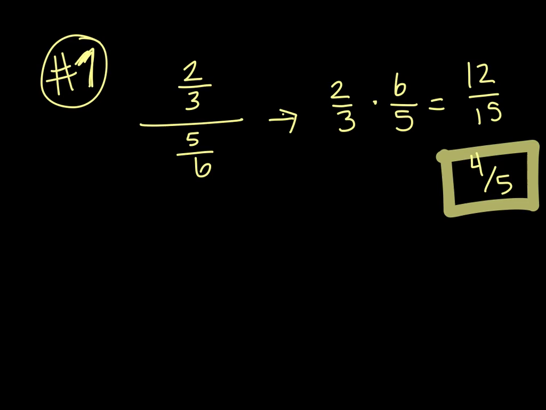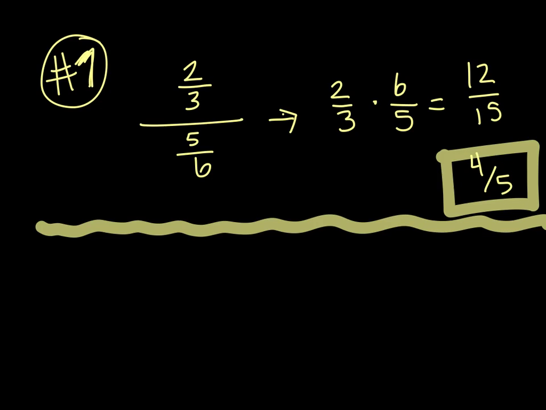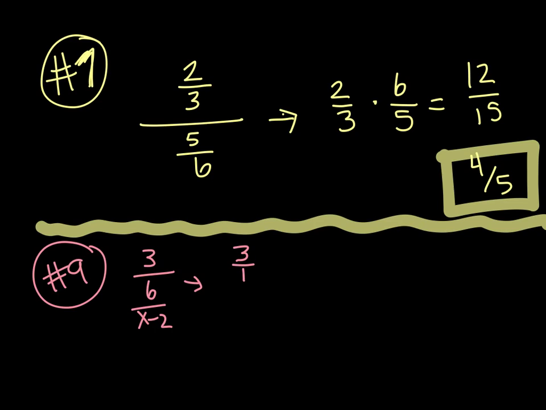So let's look at number 9. It's 3 over 6 divided by x minus 2. So I'm going to make this, you can make anything a fraction by putting it over 1.